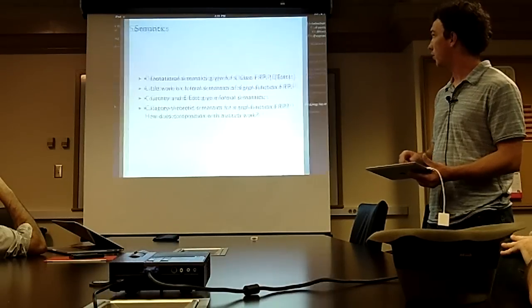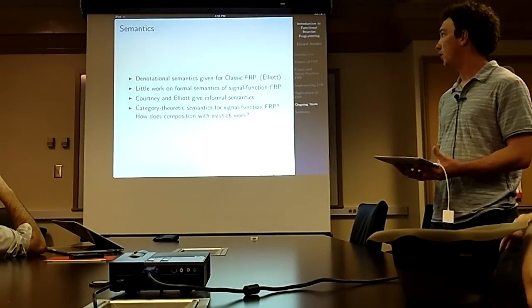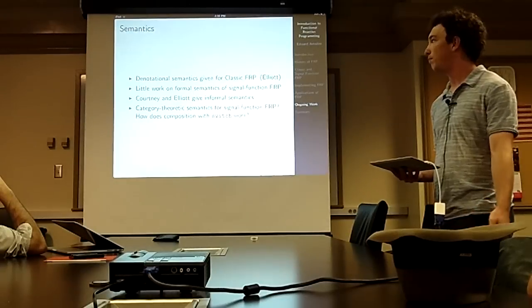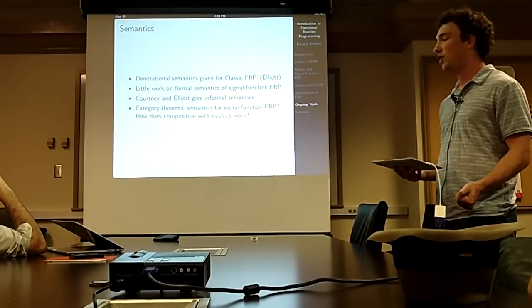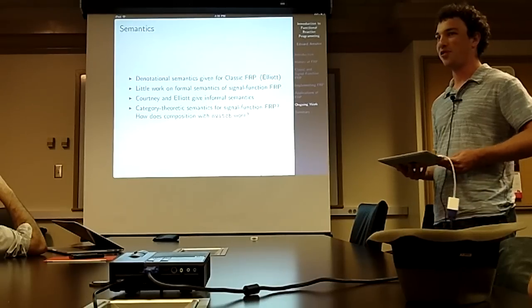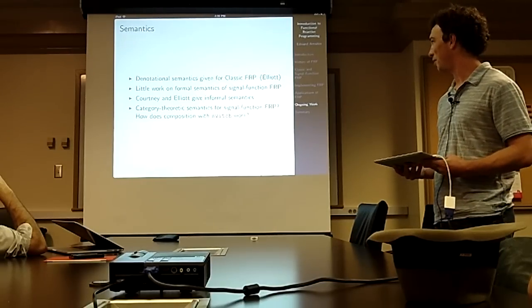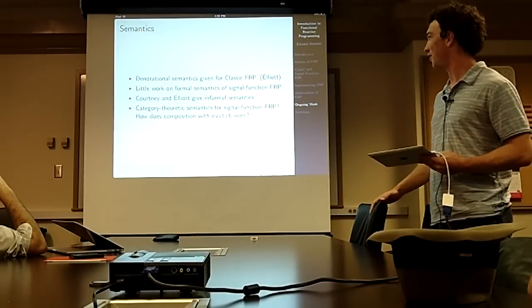As far as work that's still going on the semantics side, like I said, we've been given a semantics for classic FRP. Unfortunately, there's almost no work on the formal semantics of signal function FRP. This is something that bugs me, and I sort of intend to fix.